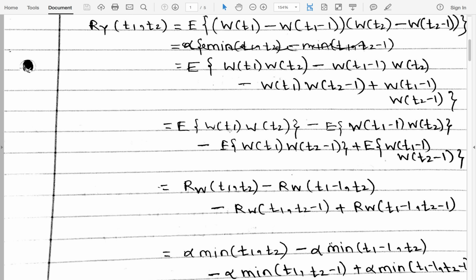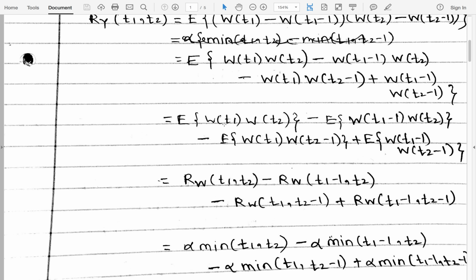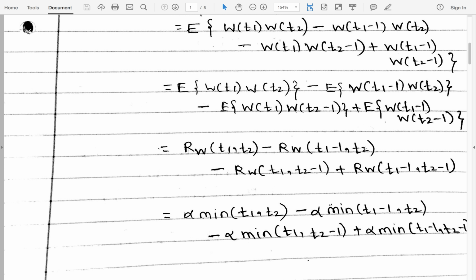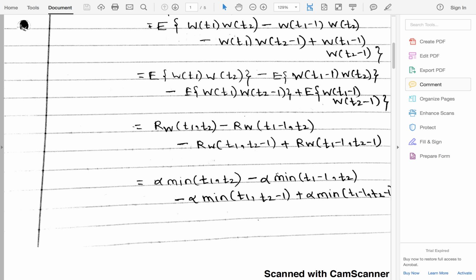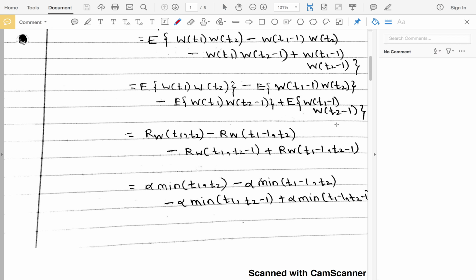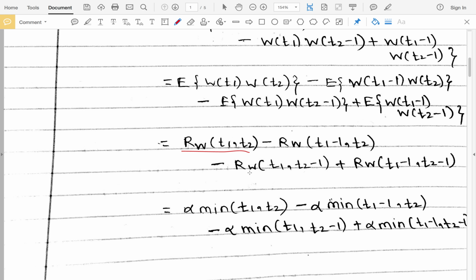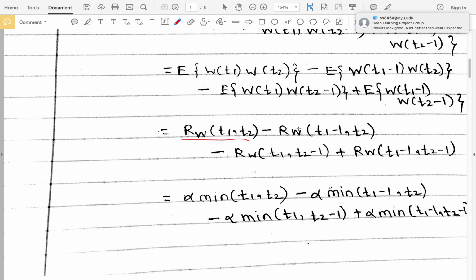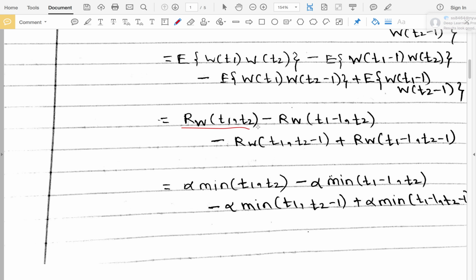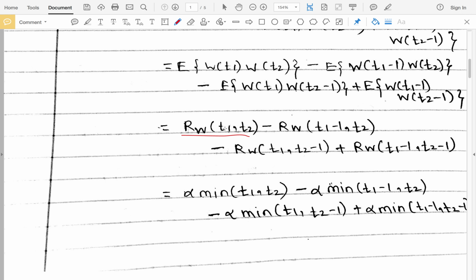This can be further simplified, as we can separate the mean function for each of these multiplications. So the mean function of Wt1 into Wt2, minus Wt1-1 Wt2, and so on. This is actually an autocorrelation function, and this is also an autocorrelation function, so we will write them as the autocorrelation function of t1 and t2.